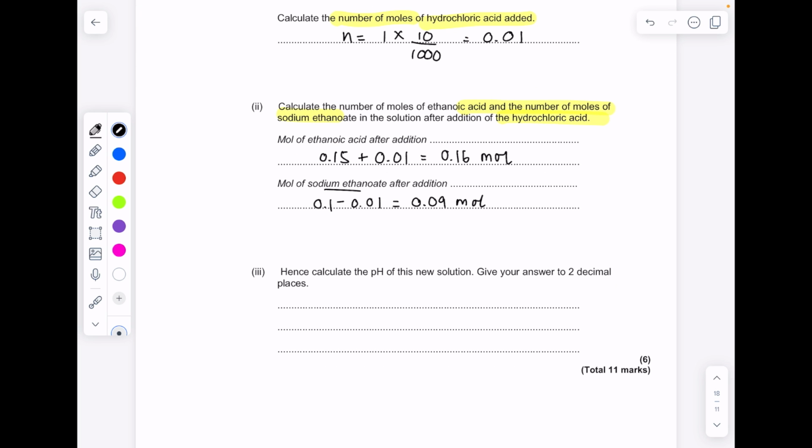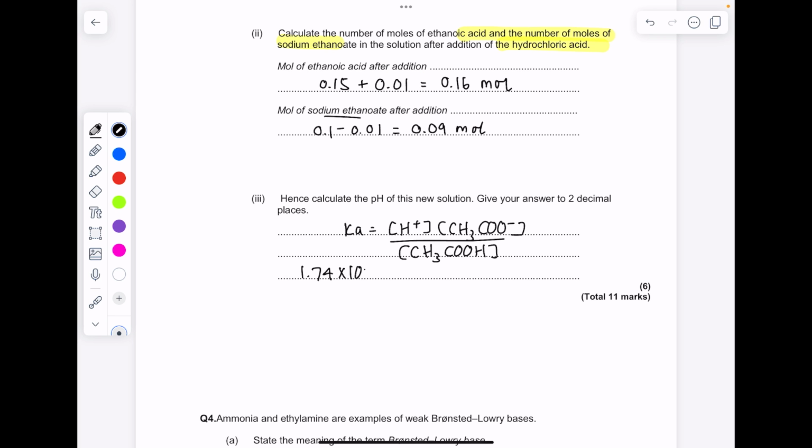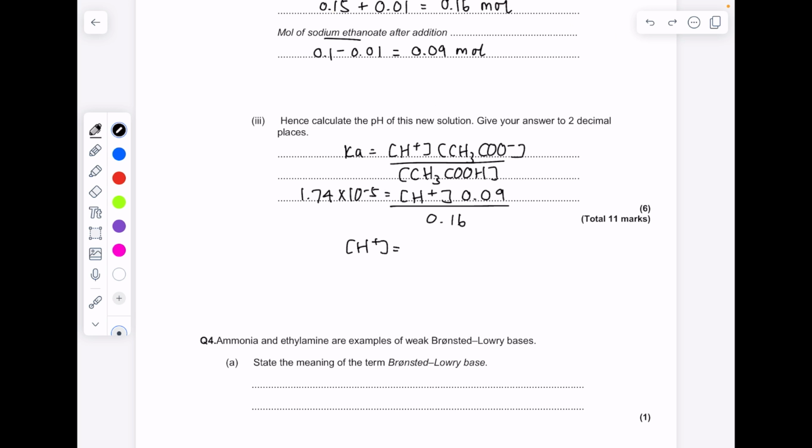Hence calculate the pH of the new solution. Final pH is 4.51.